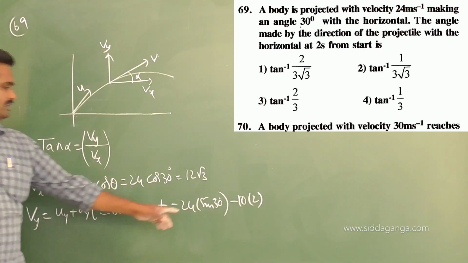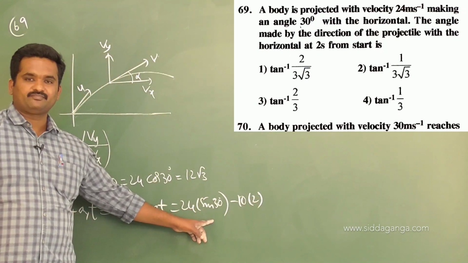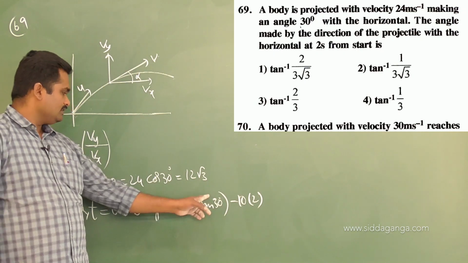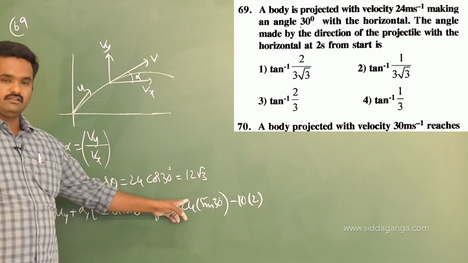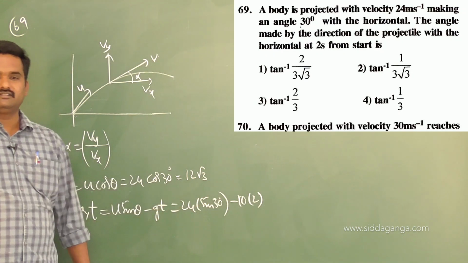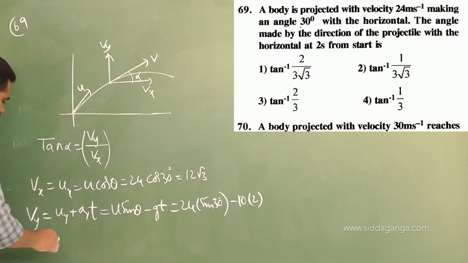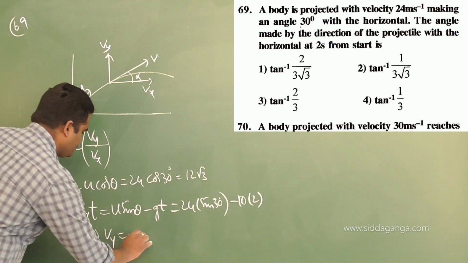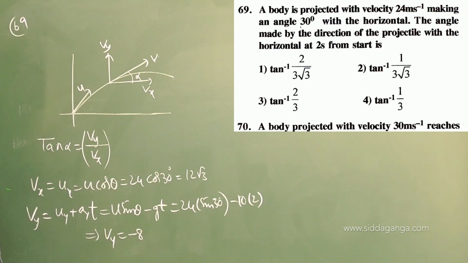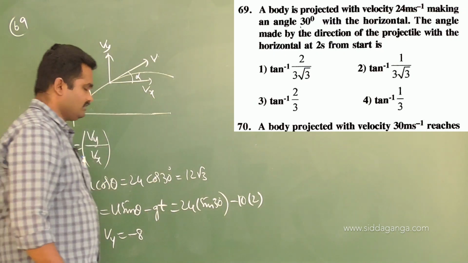Sin 30 is 1 by 2, so you will get 12 minus 20. Vy is 12 minus 20, that is minus 8.